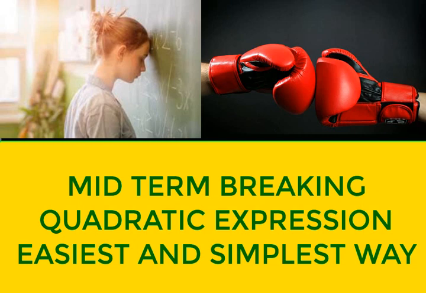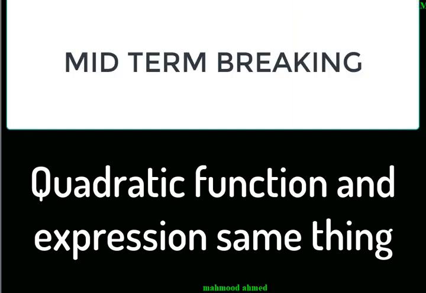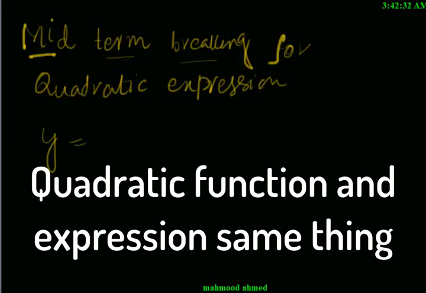Okay, so let's try this one. We call it middle term breaking for quadratic expression. Sometimes we also call it quadratic function. This way we can write y is equal to ax square plus bx plus c.